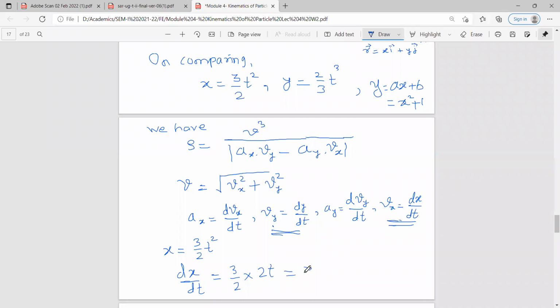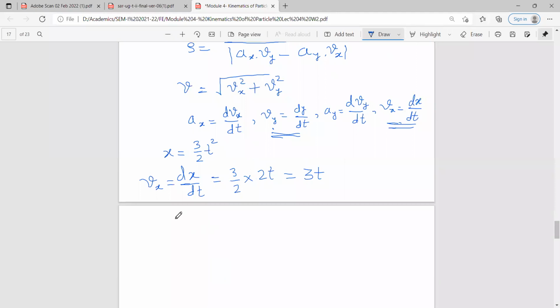It will come as 3t. And this dx by dt is nothing but your velocity in x direction. Vx is equal to 3t. I will write down Vx is equal to 3t, say equation 1.